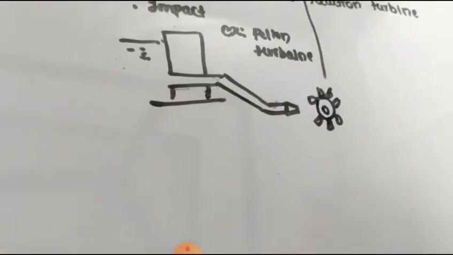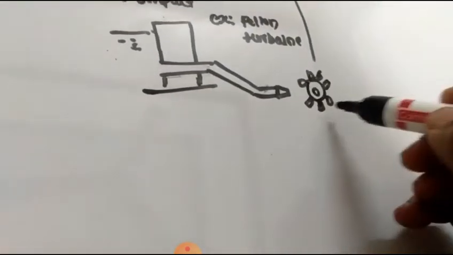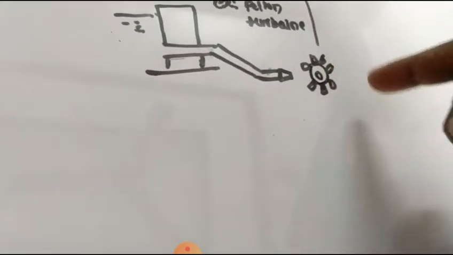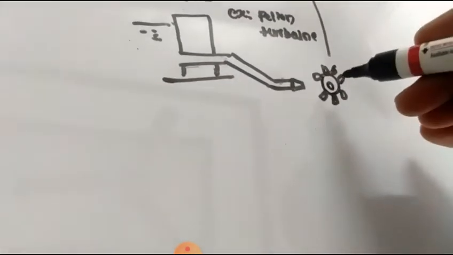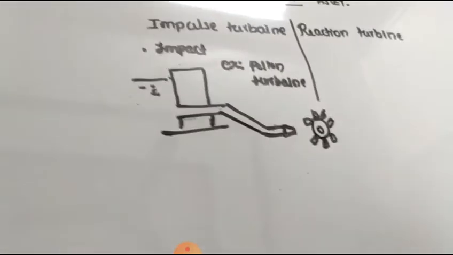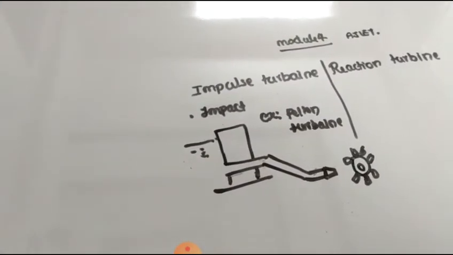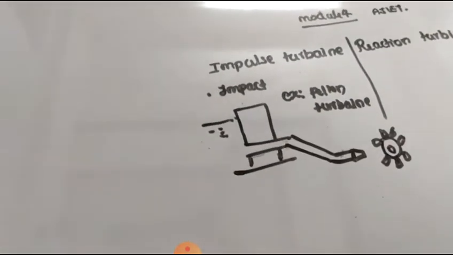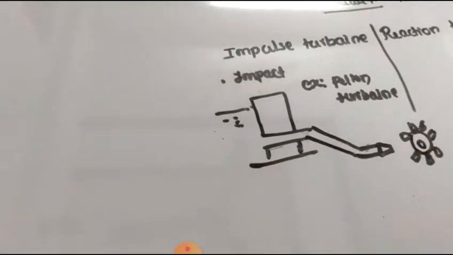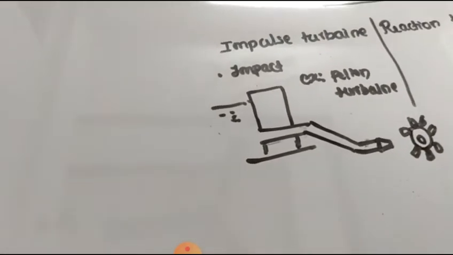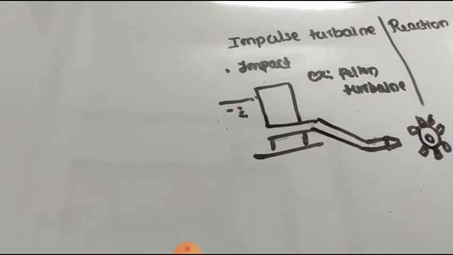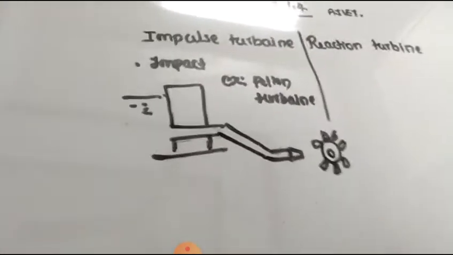When water strikes the bucket, the runner automatically starts to rotate along its circumference. When the water comes out of the nozzle and strikes the bucket, the pressure energy is converted to kinetic energy.